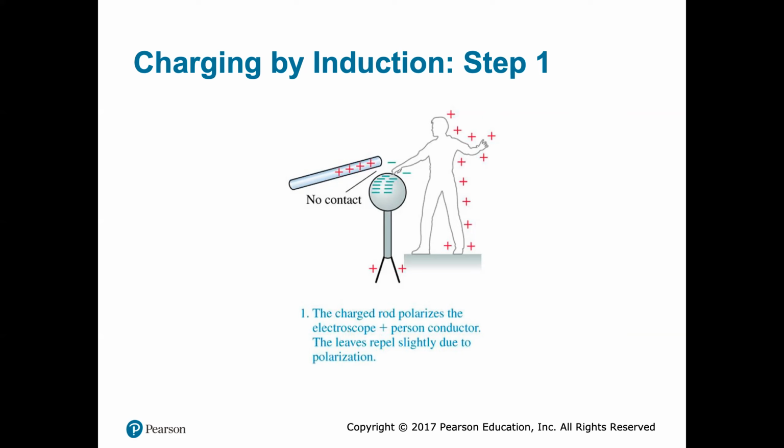Keep it like that, but if a human body touches the head of the electroscope, what will happen? Similarly to a conductor, we'll have negative charges surrounding the hand, but positive charges on the other side of the human body.